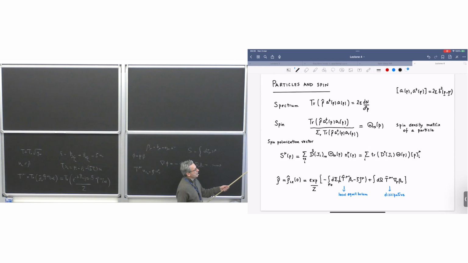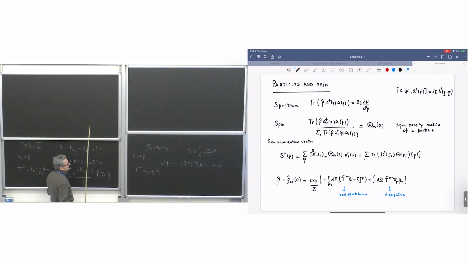And this is the calculation of observables, something that we can measure in the detector, namely particle spectra and spin.